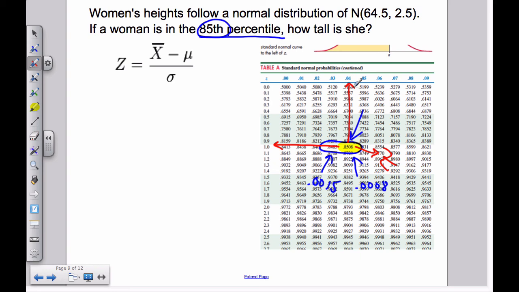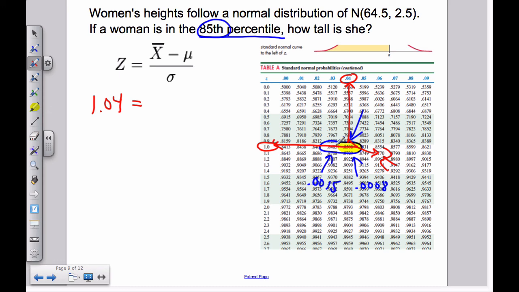So my z-score for the 85th percentile is 1.04. Again, it comes from this number and then this being the hundredths spot, because I just worked backwards from where I'm closest to the 85th percentile. I work backwards 1.0 and then follow that up to the 0.04. So 1.04 is my z-score. So these help find my z-score, I should say.